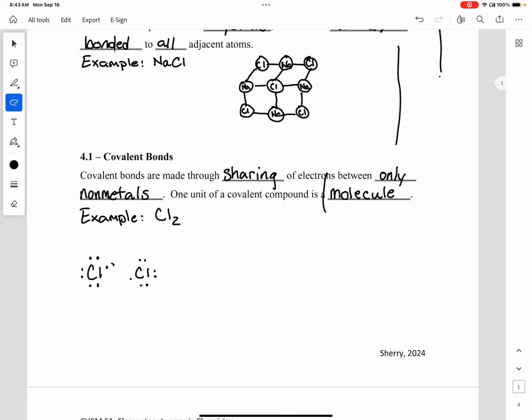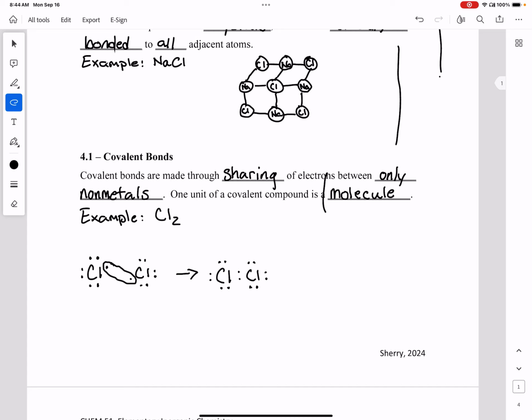So they're going to share these two electrons and give each atom the illusion of an octet. Each chlorine atom thinks that the two electrons in between are theirs.